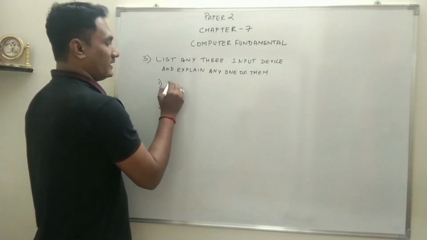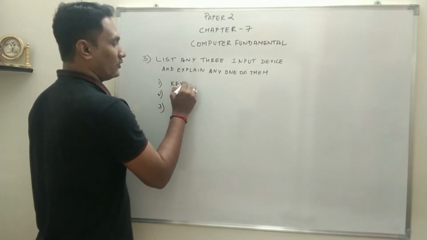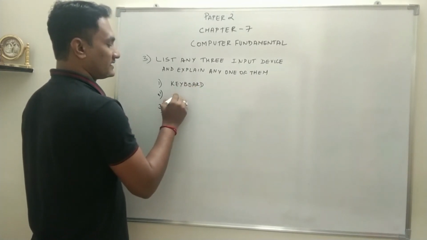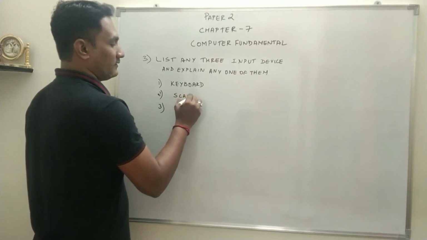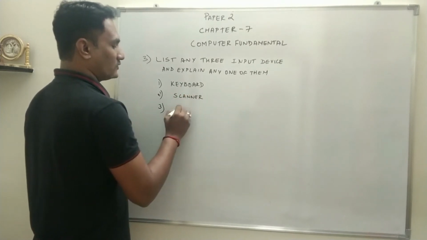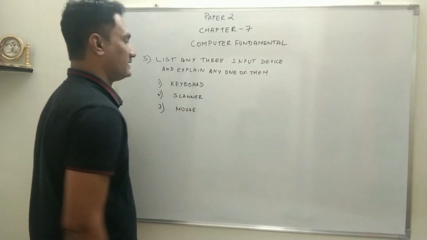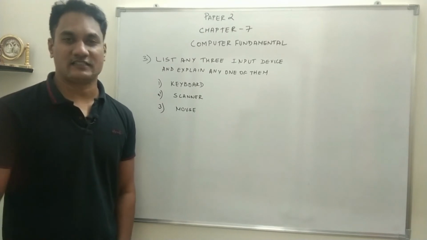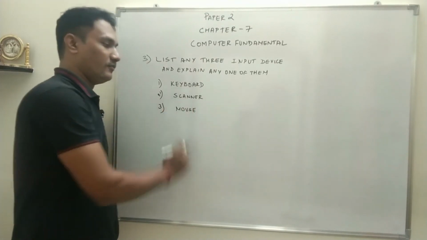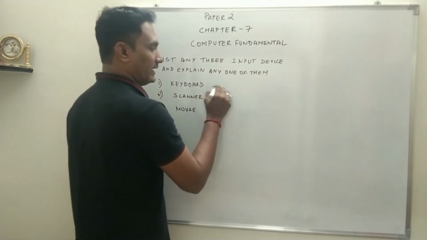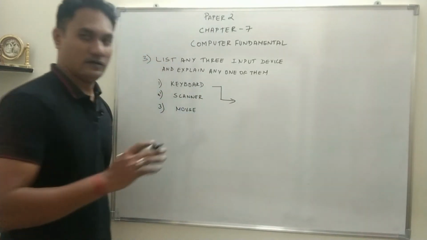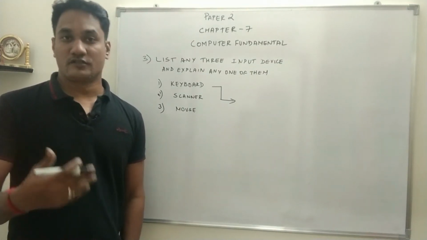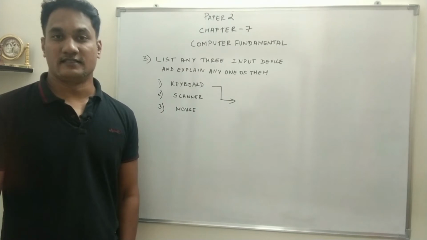So basically the input devices are keyboard, scanner, and mouse. All these are examples of input devices. So you have to list any 3 input devices and explain any one of them. Out of these you will explain the keyboard. Of course it is there in your book. You just have to look at the notes in the book and you can see the information.